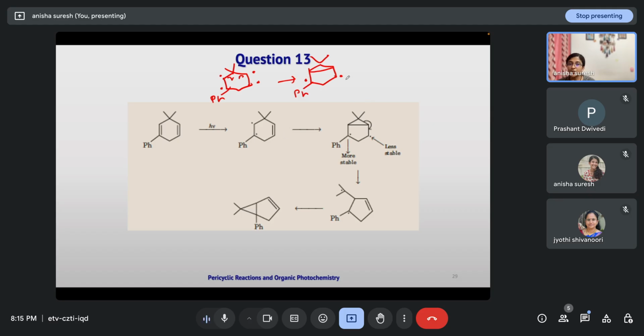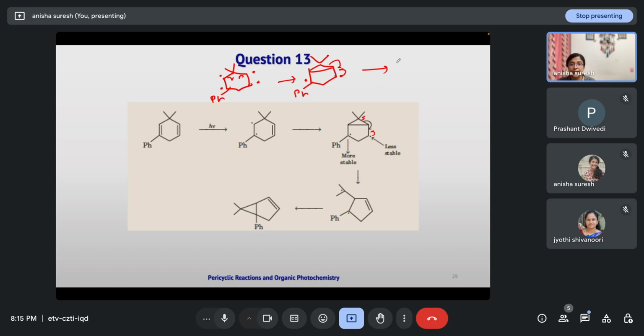Okay, out of which this radical is stable and this radical is less stable, so this will be recombining, leading to bond cleavage at this position, and a new radical will be generated here. So of these two radicals, this is less stable, so this is stabilized by reaction with this bond.